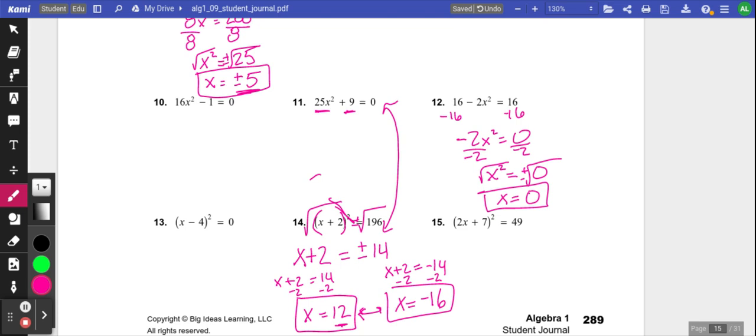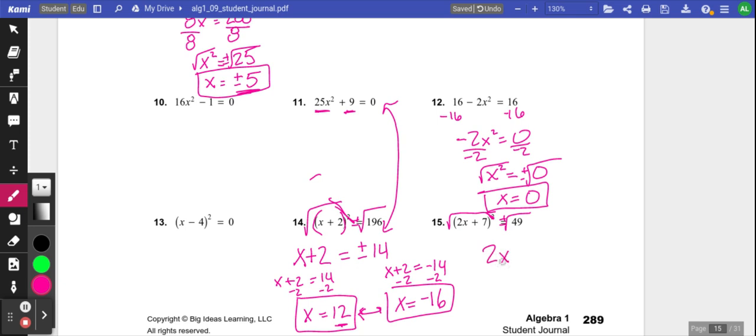done for 9.3. We've got this 2x plus 7 all squared equal to 49. This is another one of those that we're just going to square root the whole thing all at once. Right? I want to get rid of that square, so I'm just going to square root each side here. So I've got this square root that's going to cancel out.